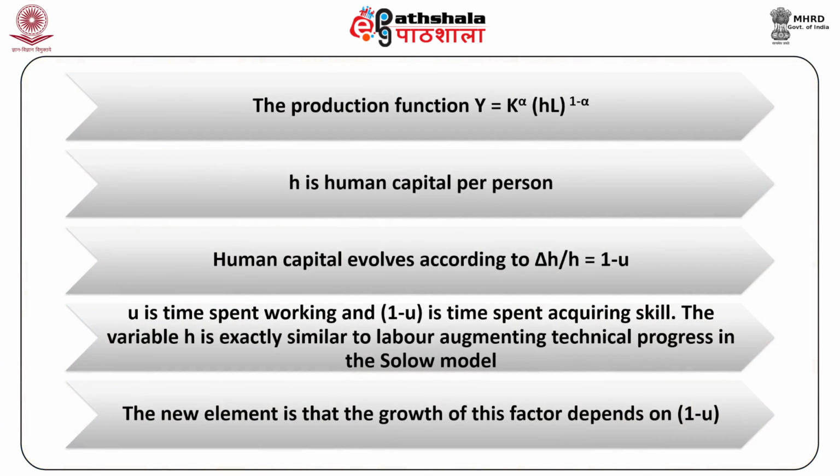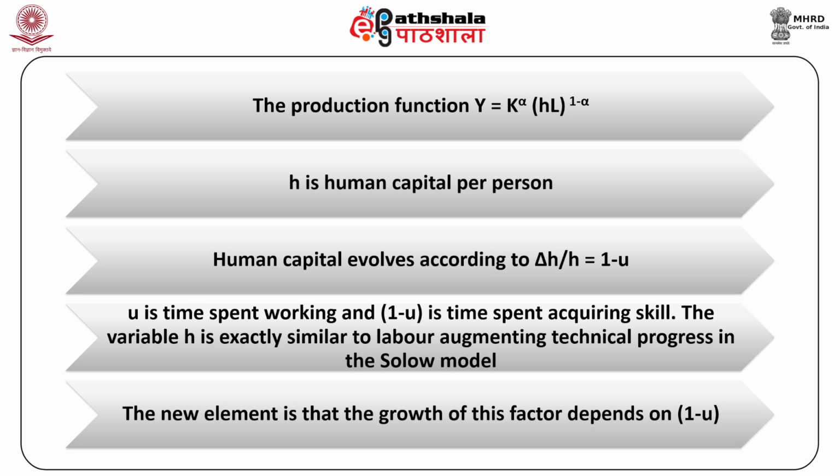Another approach to human capital, which has been introduced by Robert Lucas, uses the production function y = k^α (HL)^(1−α), where H is human capital per person. It is assumed that human capital evolves as ΔH/H = 1 − μ, where μ is time spent working and 1 − μ is time spent acquiring skill.